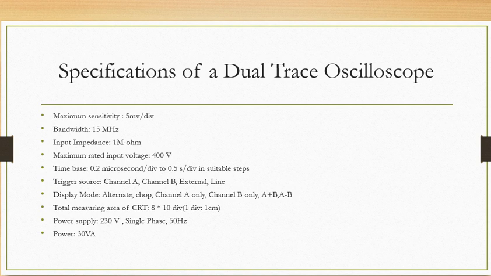Please use the resources on the internet and see the different types of modern CROs that are available in the market, so that you get information and updates about the CRO. Nowadays most industries are using the digital storage oscilloscope, or a digital CRO, we can say.